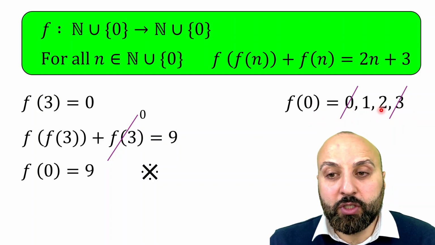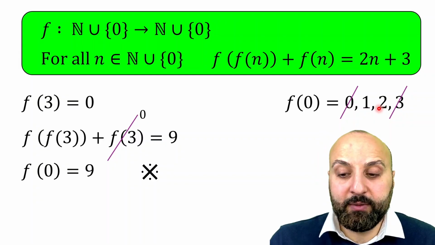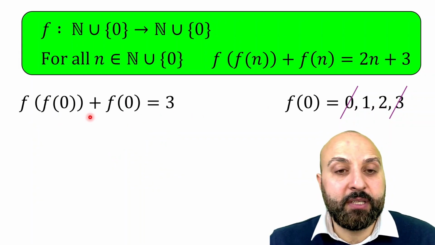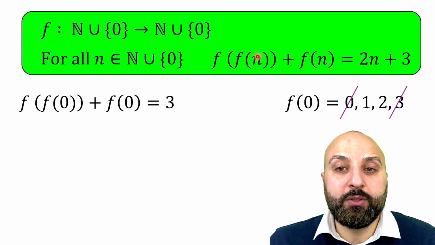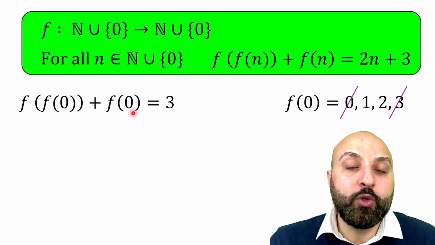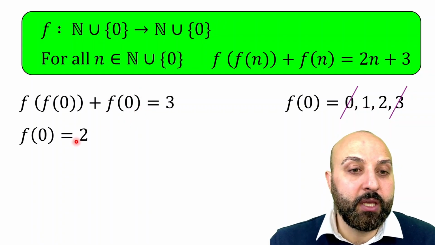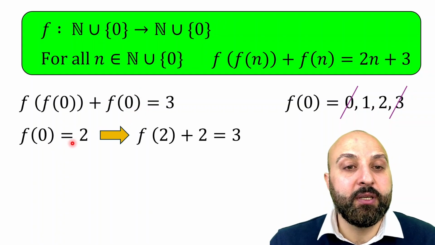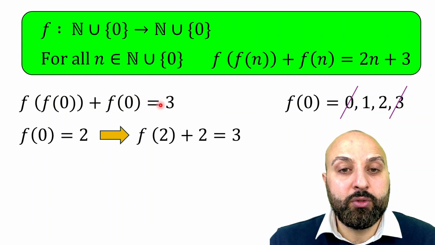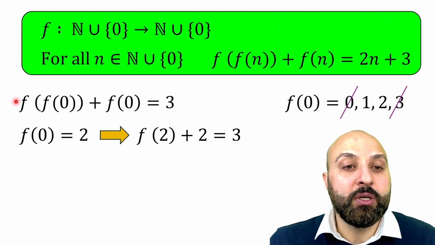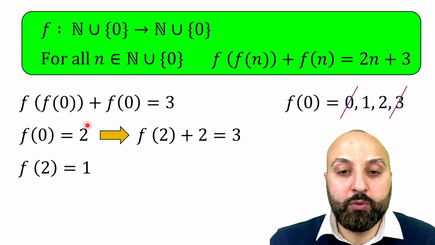The next one is f(0), for example, equal to 2. Let's see what happens. This is the main equation that we have. If we put n equal to 0 here, we have this one, and now we assume f(0) is equal to 2. Then this is 2, and 3 with 2 disappears, so f(2) will be equal to 1.